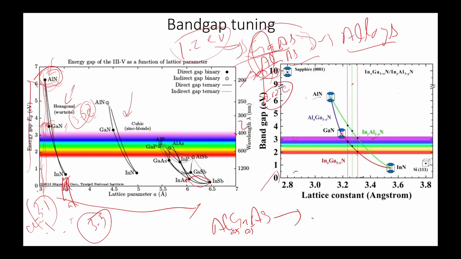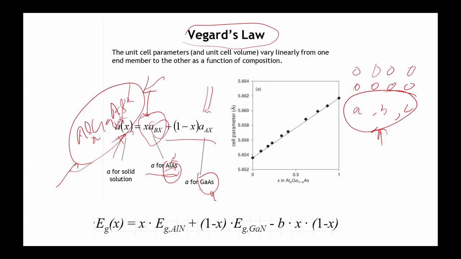It also relates to the band gap tuning that we were talking about. How can we calculate the band gap of the alloy? This is the formula for the band gap of aluminum gallium arsenide.